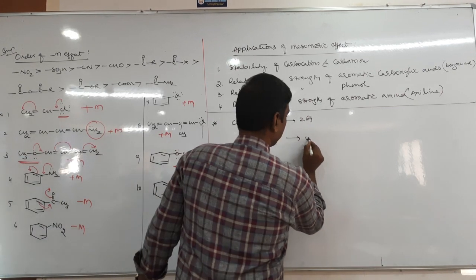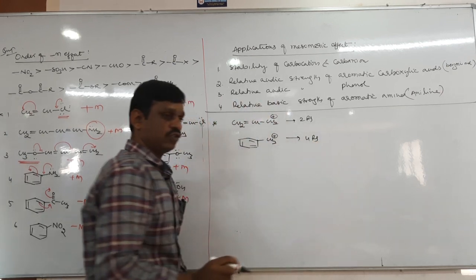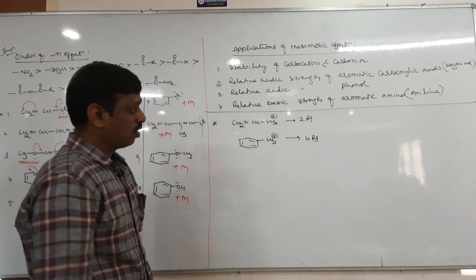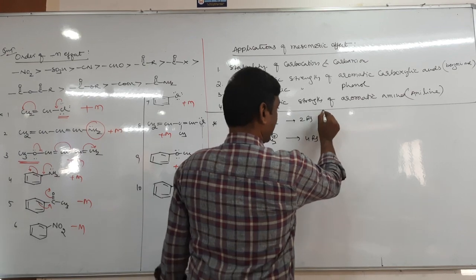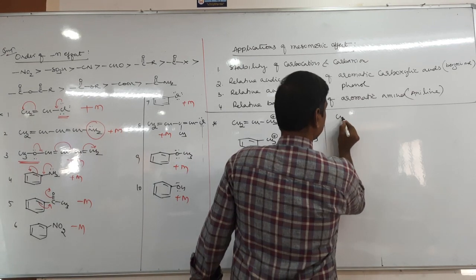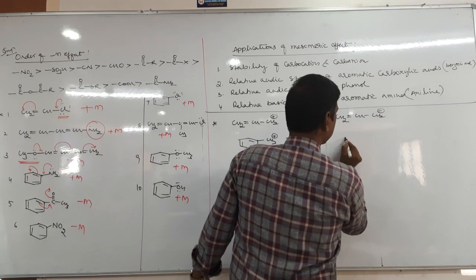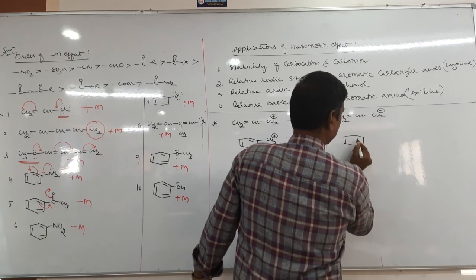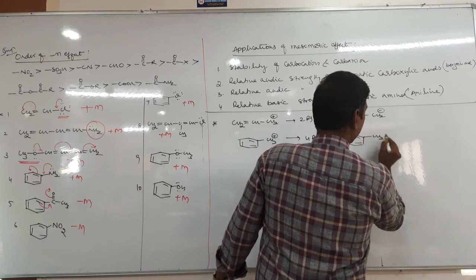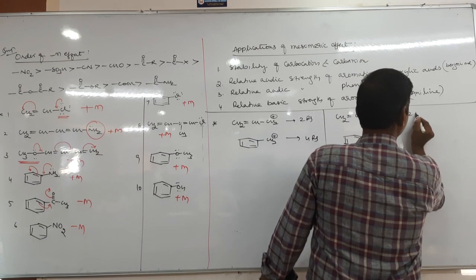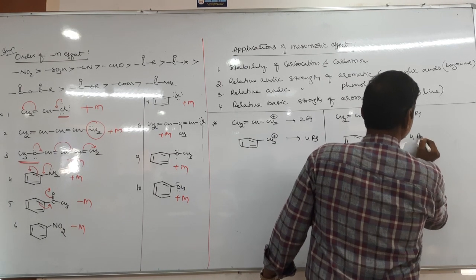Here how many? 4 conjugate positions, 4 RS. Similarly, in case of carbanion, let us take allylic carbanion and benzylic carbanion. Allylic carbanion can form 2 RS, and here 4 RS.